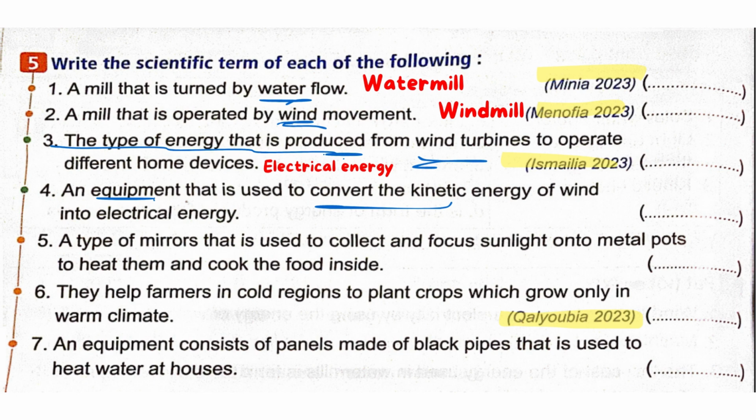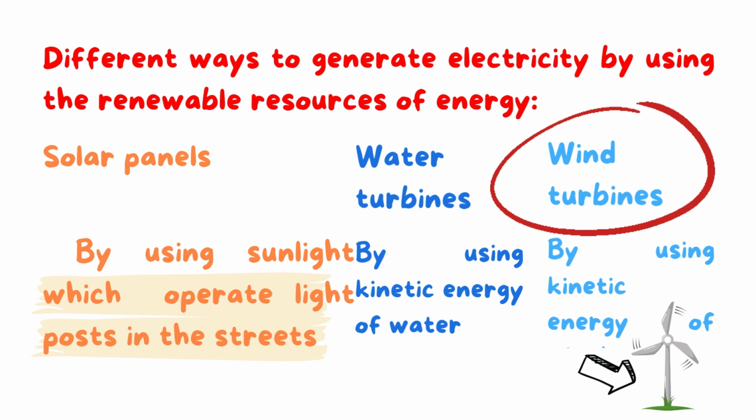So here we have next question, an equipment that is used to convert the kinetic energy of wind into electrical energy. So what is the equipment that is used to convert the kinetic energy of wind, okay, into electrical energy? As we learned that we have different ways to generate electricity by using the renewable resources of energy, like what? Like solar panels, like water turbines, and like wind turbines, okay?